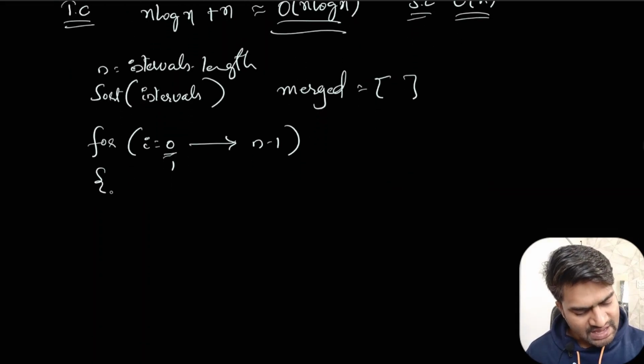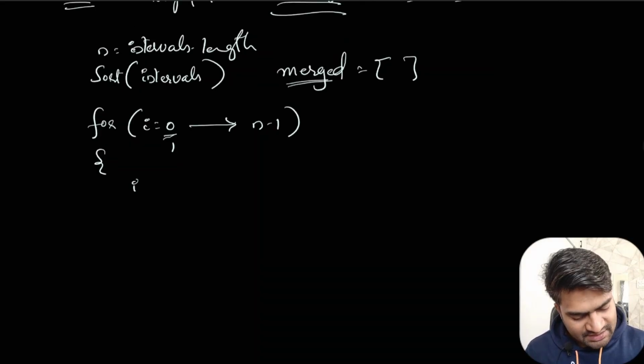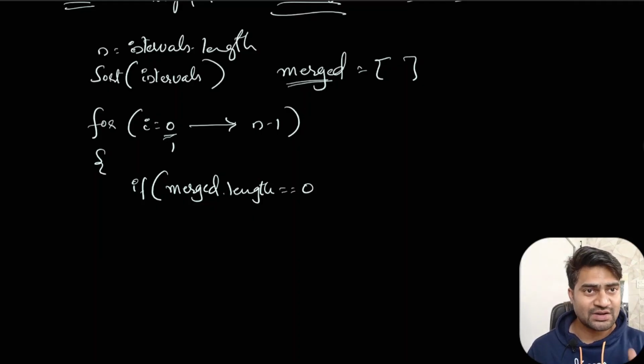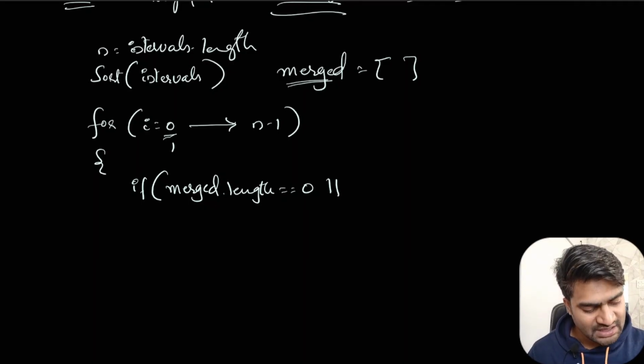Then I will check: if the merged array length or size is equal to 0, meaning there are no elements in our merged array, or the last element in the merged array does not overlap with the interval we are currently processing, we simply push the interval to the merged array.